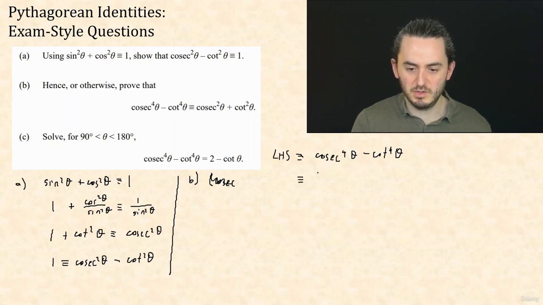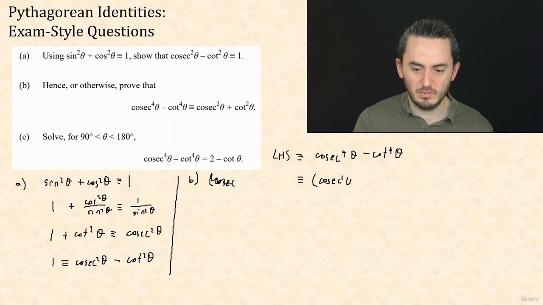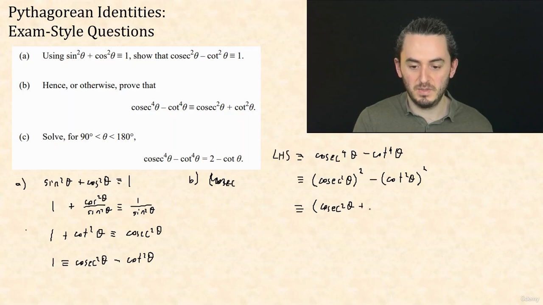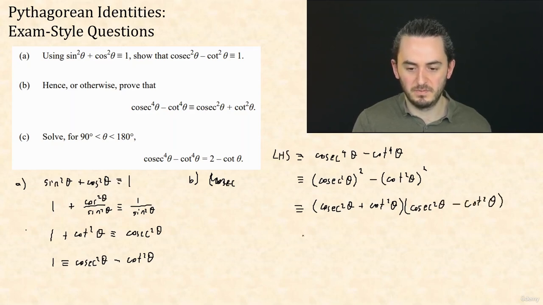So it's the difference of two squares because cosec to the 4 theta is cosec squared theta squared minus, and what we've got here is cot squared theta squared. So that's the same as cosec squared theta plus cot squared theta times cosec squared theta minus cot squared theta.